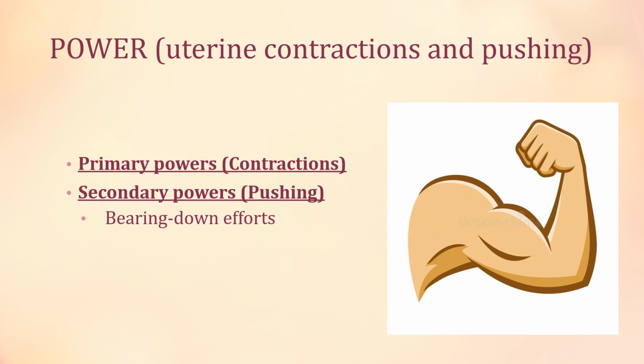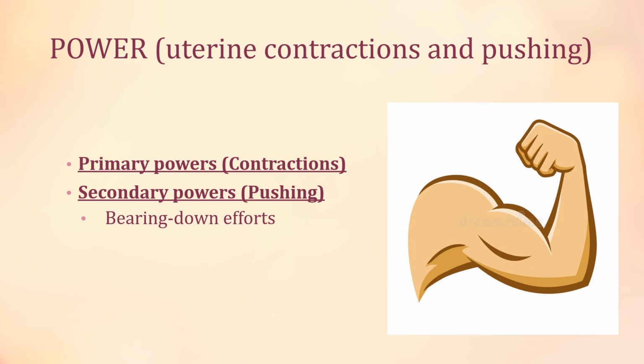Getting into now the powers of labor, which include contractions and pushing. The reason that we're looking at all of these, quote, P's is because they all can factor into labor and delivery. If they are going well, then labor is probably going really well.